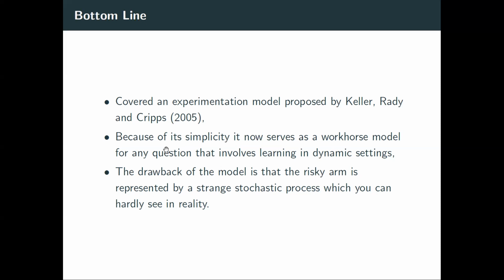The drawback, and it's kind of personal here, is that it's a bit strange in terms of the stochastic process which underlies this choice between the good risky arm and the bad risky arm, right? Because this model is really applicable to cases where you have something like a breakthrough innovation as your risky option.